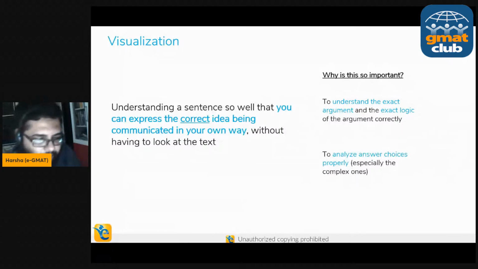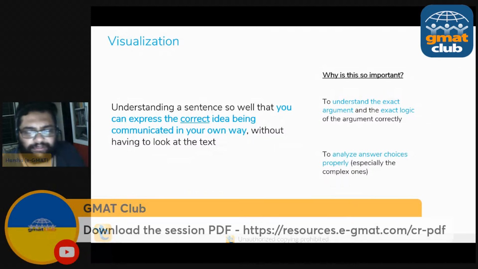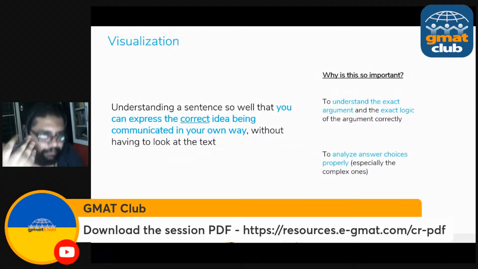See, what is visualization? Understanding a sentence so well, including each and every granular nuance as much as possible. It's a skill, so it's not like everybody gets every single nuance all the time. No, things don't work that way.